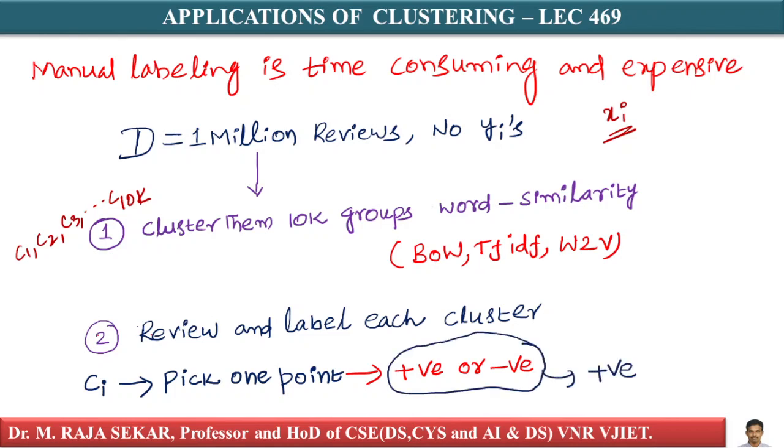Then I will immediately say that the whole cluster, all the points in this cluster, let's give them a positive label. So instead of manually reviewing 1 million reviews, I am only going to review 10,000 reviews, which is a massive decrease, like a 100x reduction in time and cost.